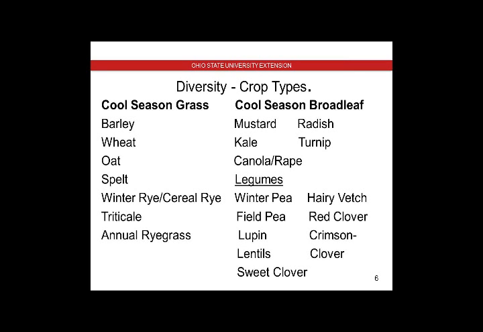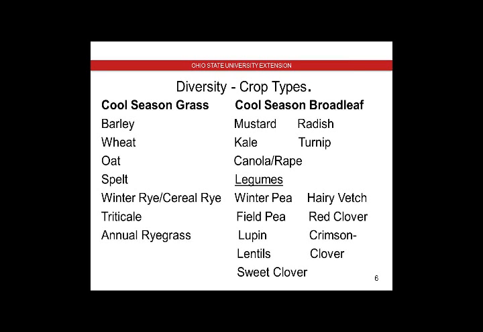And then we have these legumes, these cool season broadleaf legumes, the winter peas, the field peas. Some of those we can plant in late summer. If they get growing quite tall, they'll actually die off. Other ones are considered a true winter pea. We can plant them in mid to late September, and they will maybe get just an inch or 2 or 3 inches tall, and they can actually survive the winter, and then they'll grow in the spring.